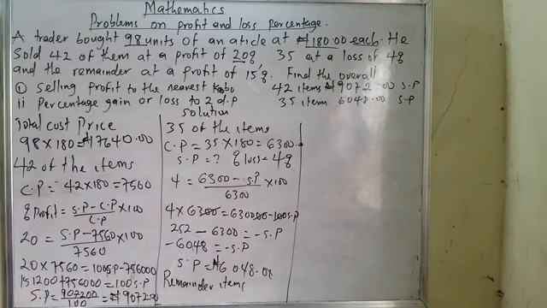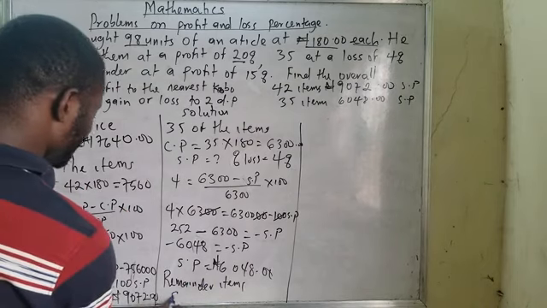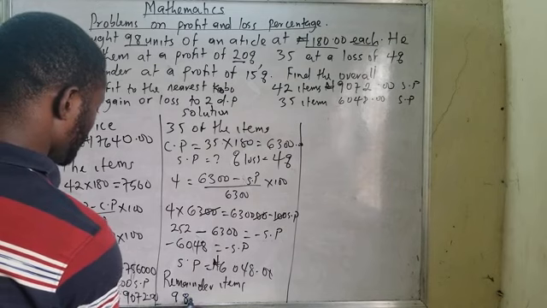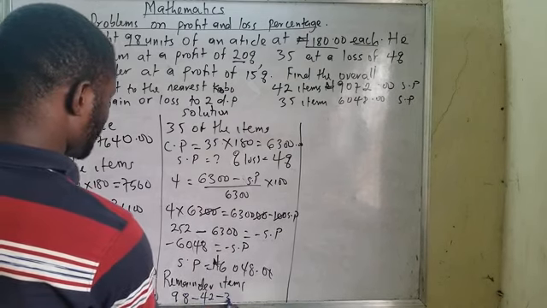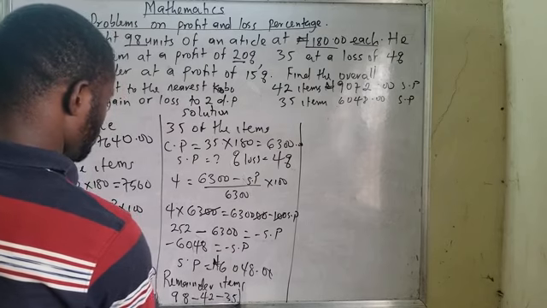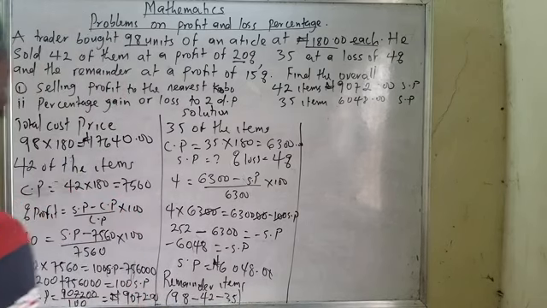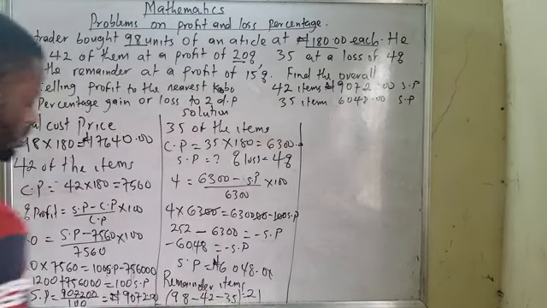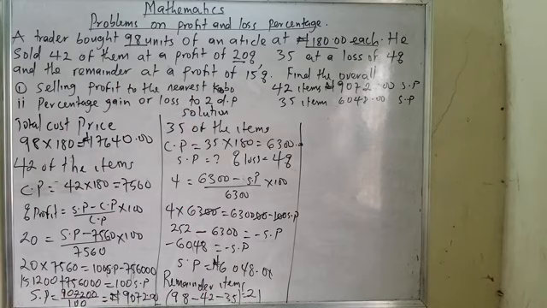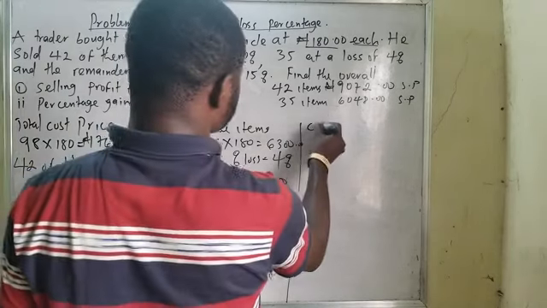What I will just need to do here is say 98 minus 42 minus 35, which will be 21. It means 21 is the remaining item. Now, the next thing I need to do is the cost price for that 21.